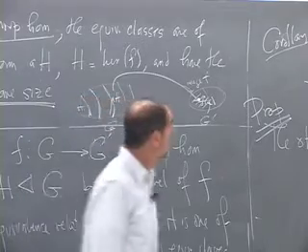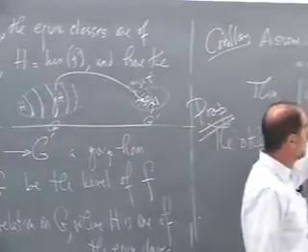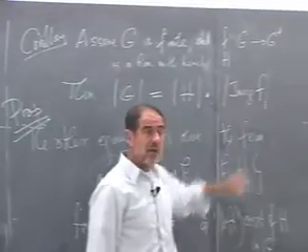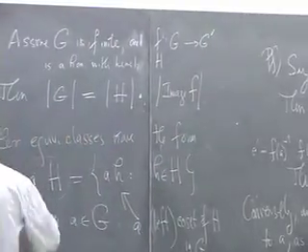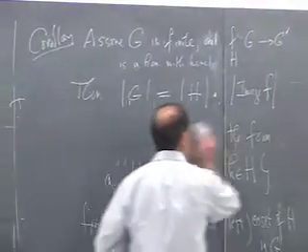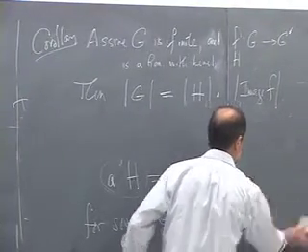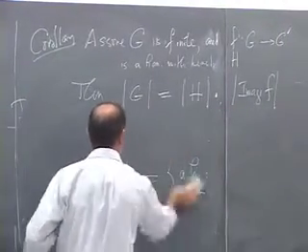Good? So this is the order of the kernel. This is the order of the image. This is very similar, for those of you who've done linear algebra, to the theorem that looks like this.